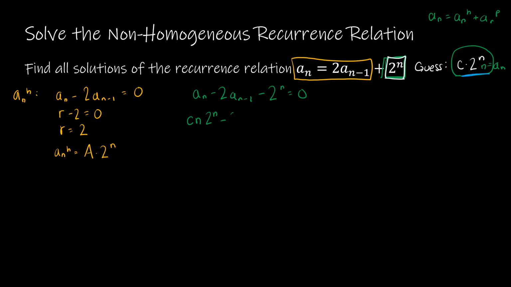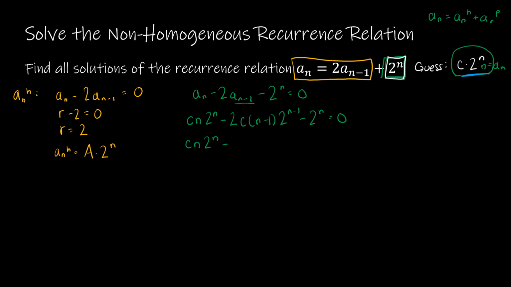And then 2, and then this is a sub n minus 1, so this is going to be C times n minus 1, 2 to the n minus 1, and then minus 2 to the n is equal to 0. So again, now this is the algebra part. We're just going to do some simplification. This first term stays the same.